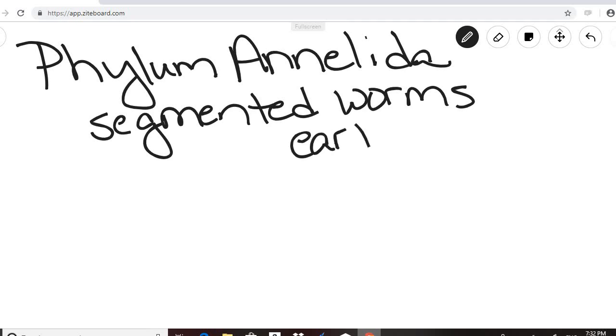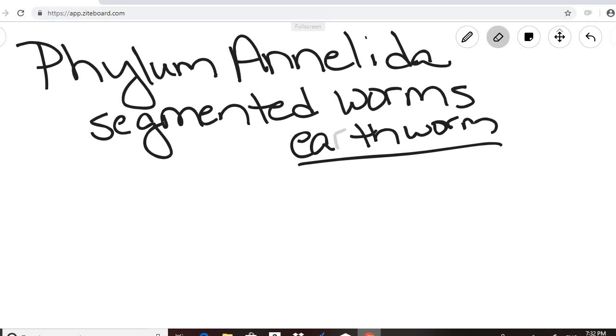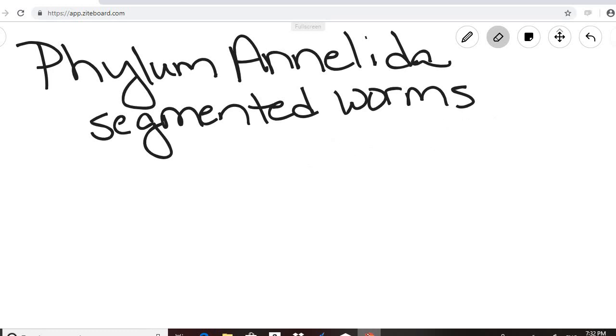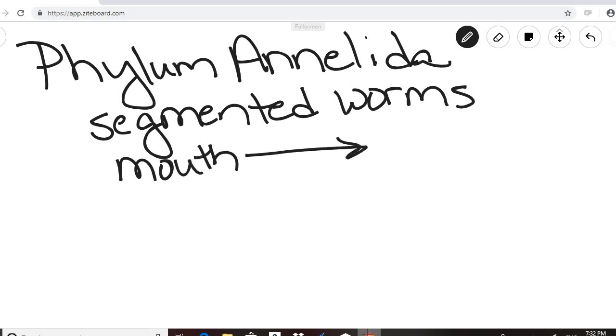So, I mean, obviously earthworms are not marine, but they are an example of a segmented worm. The thing about segmented worms is that they have a digestive system that runs the entire length of their body. So their digestive system goes from the mouth to the anus.